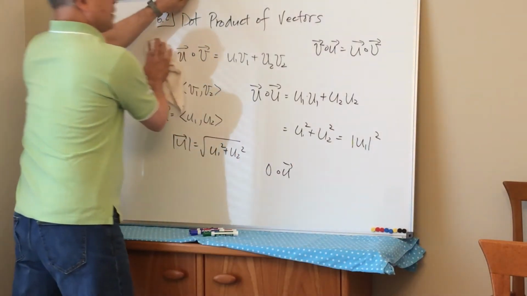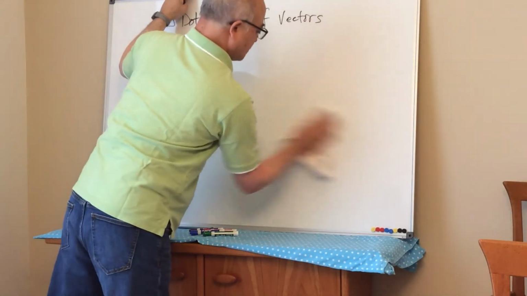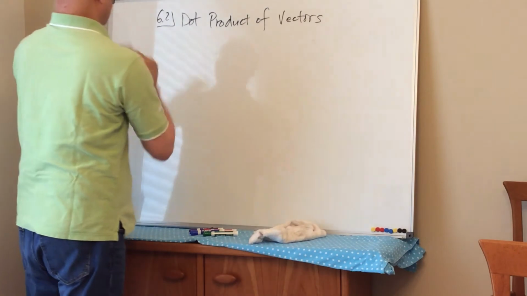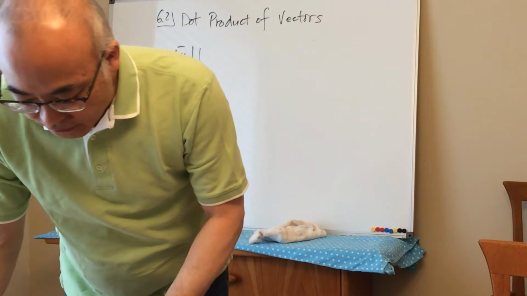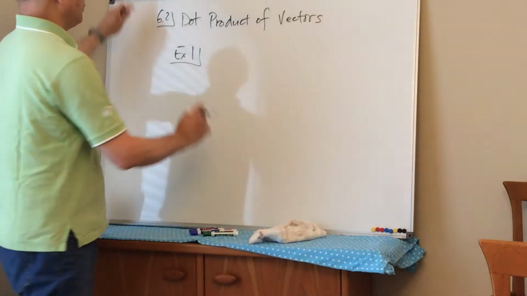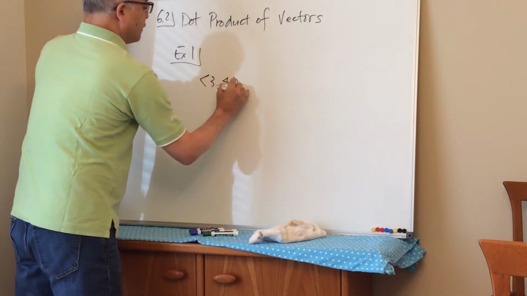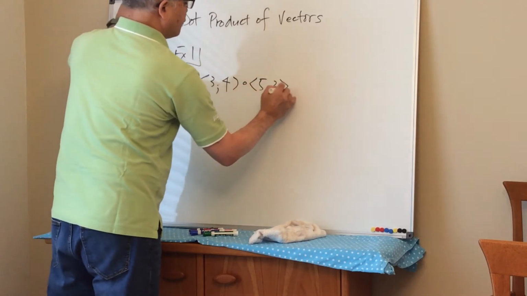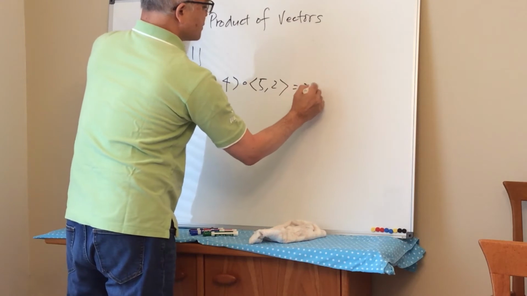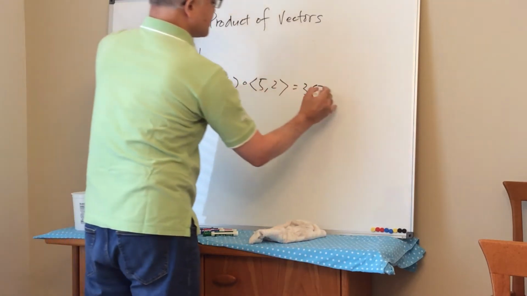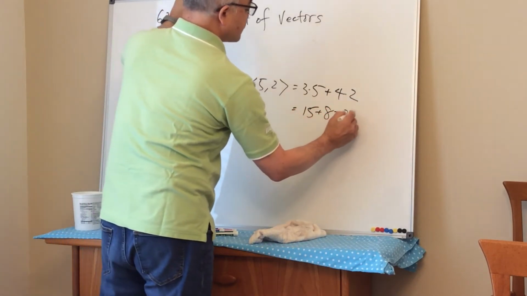So let's go ahead and do example number 1. Find the dot product of (3, 4) and (5, 2). Okay, so I'm going to multiply the x's together, 3 times 5, and add the multiplication of the y's together. 15 plus 8 is 23.